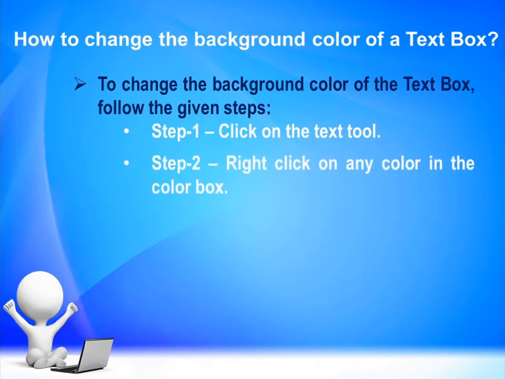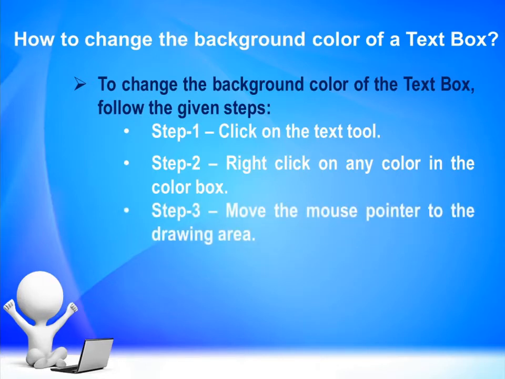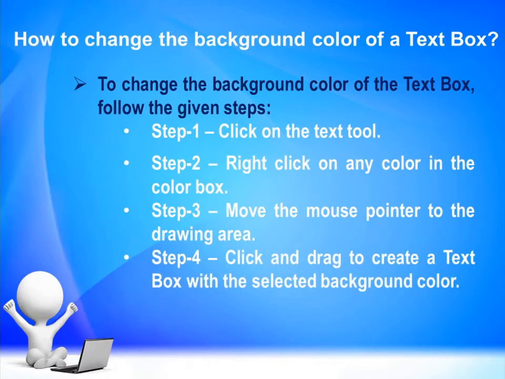Right click on any color in the color box. Step 3. Move the mouse pointer to the drawing area. Step 4. Click and drag to create a text box with the selected background color.